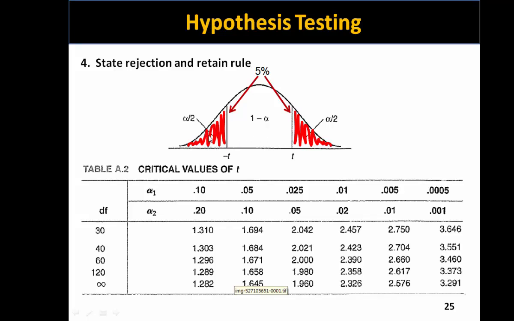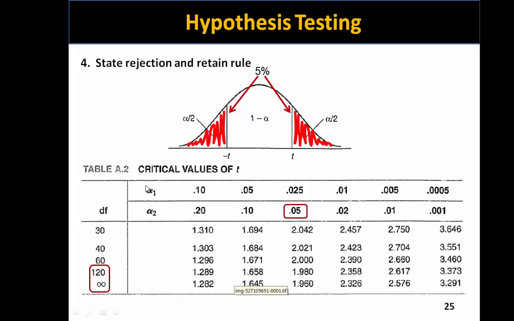And so we have 2.5% in the shaded red region on the left, 2.5% in the shaded region on the right. So we go with the row that indicates alpha 2.